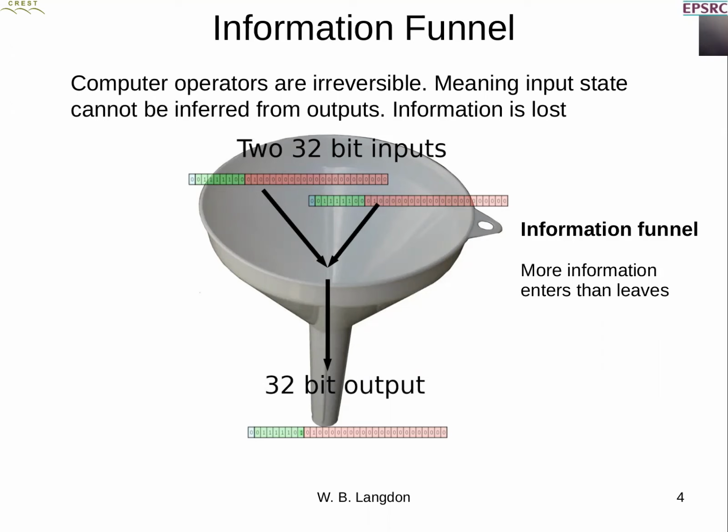In other words, we start off with no more than 64 bits of information, and we generate a single 32-bit answer, which can contain at most 32 bits of information. So we view the funnel as having lost information, more information entering the funnel than leaving it.